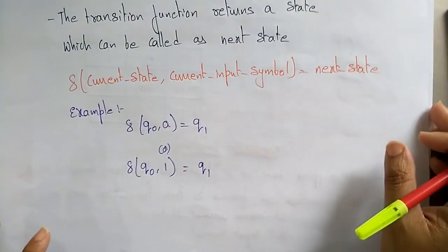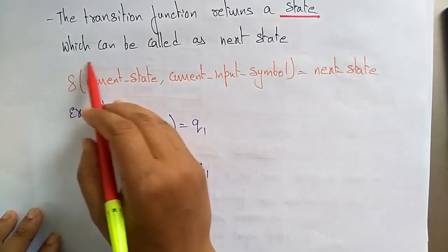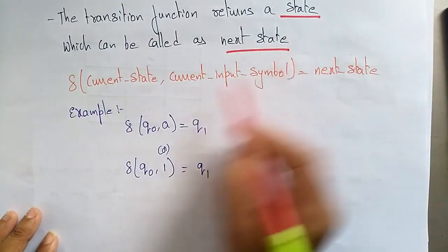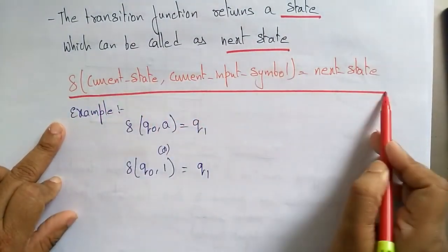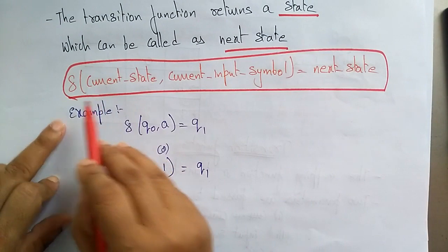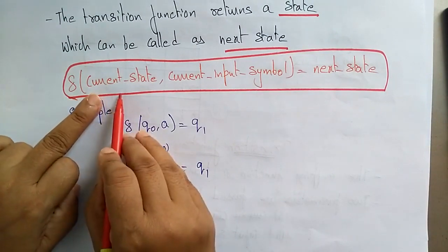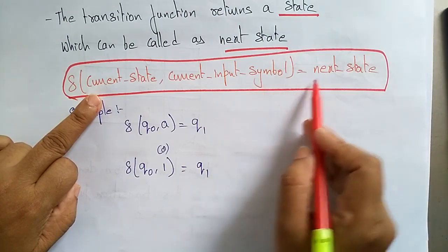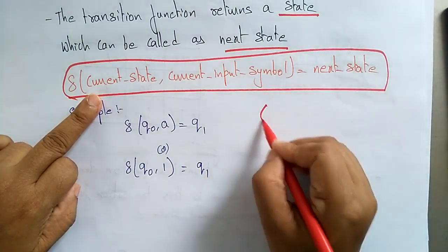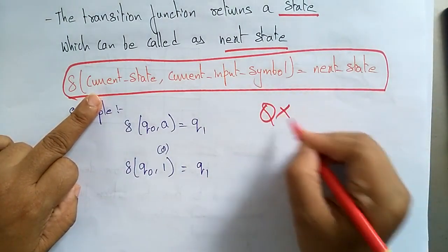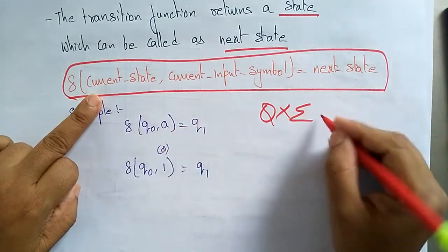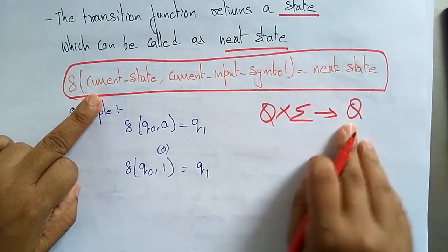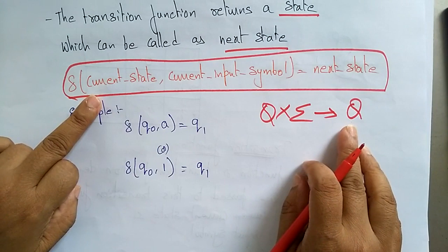The transition function always returns a state, which is called the next state. This is the formula: delta of the current state, comma, the current input symbol, gives the next state. That is Q, the current state, into sigma, the input symbol, which yields the next state in Q.